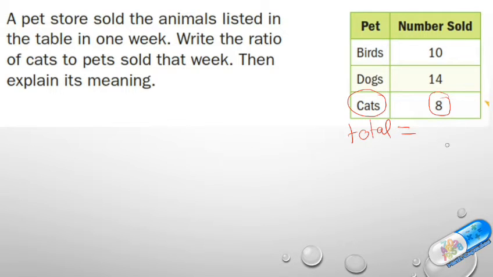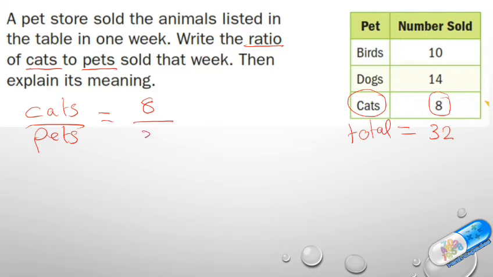So to write the ratio of the number of cats to the number of pets, cats to pets equals 8 over 32, and 8 over 32 has GCF 8, so we divide both by 8 and get 1 over 4, and this means that for every 1 cat we have 4 pets.